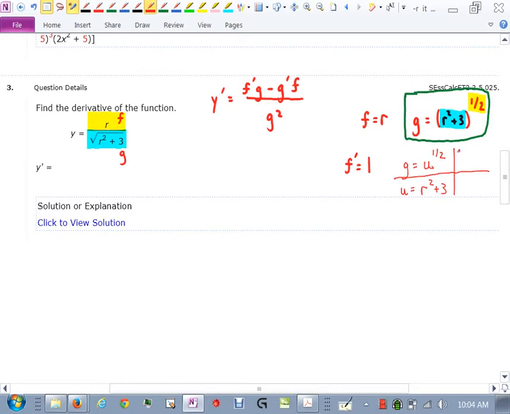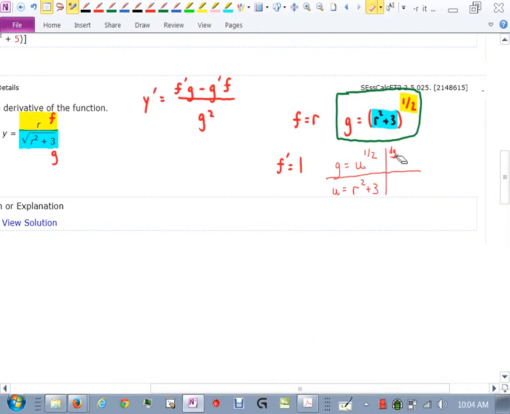Now, the derivative of g, let me move over a little bit so I can squeeze this in here. The derivative of g with respect to u will be equal to the 1/2 comes out, subtract 1, so u to the negative 1/2. And then the derivative of u with respect to r will just be 2r.